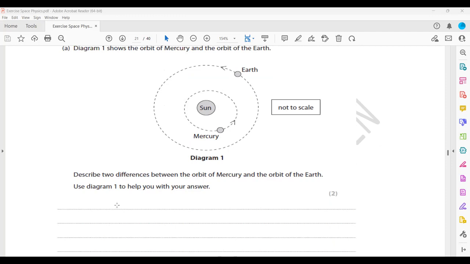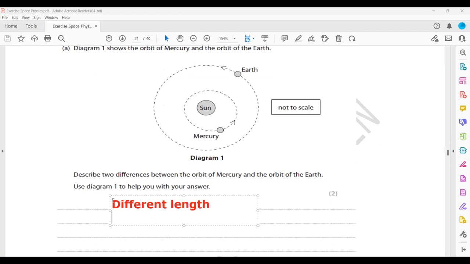But because the question says use the diagram to help your answer, one of the marks is related to using the diagram, and you can identify that they have different lengths of the orbit. For the time point, if you remember, there was a table about the orbital time of the planets.